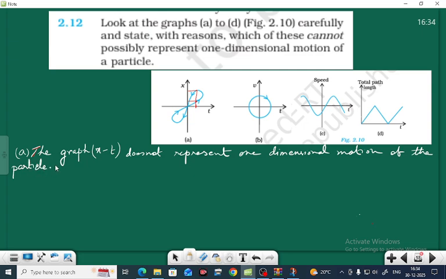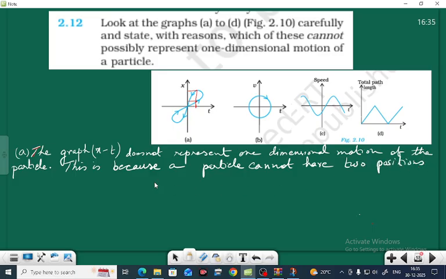What is the reason? This is because a particle cannot have two positions at the same instant of time.